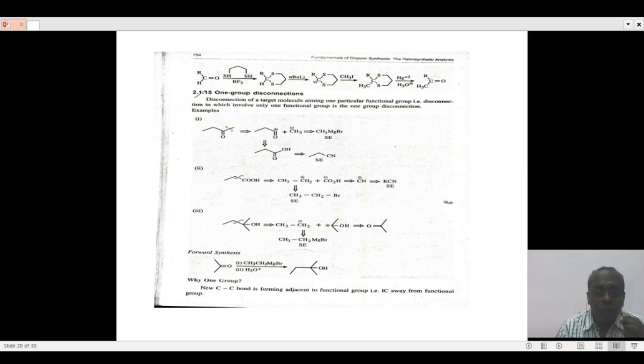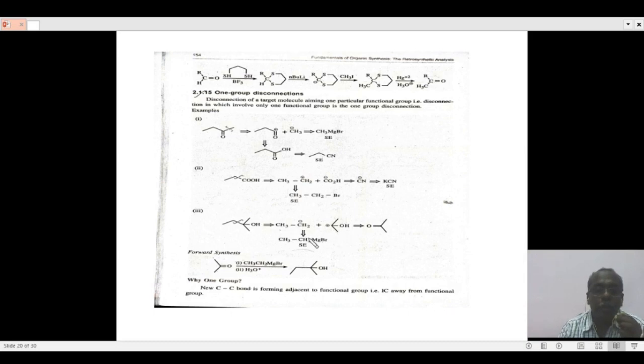It can also be explained with the help of another example, the tertiary butanol, a tertiary alcohol. This tertiary alcohol is subjected to carbon-carbon bond breaking. You are going to get CH3CH2 minus as one of the fragments. The other fragment has a positive charge.